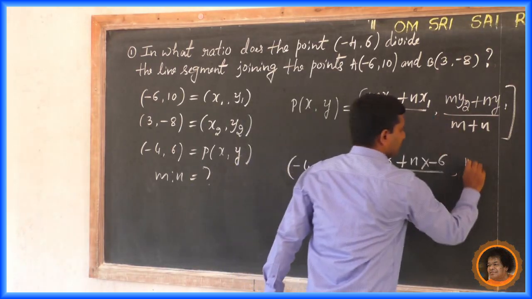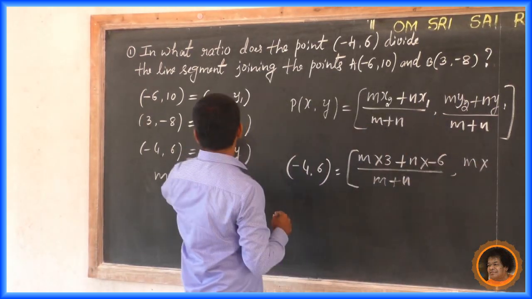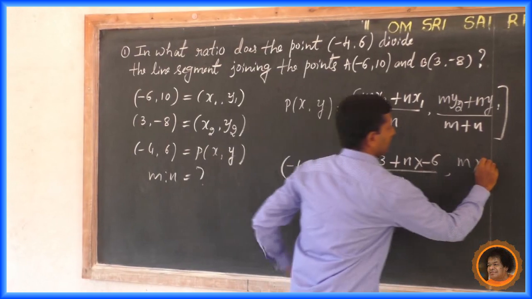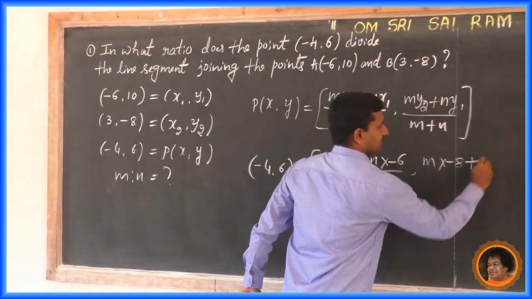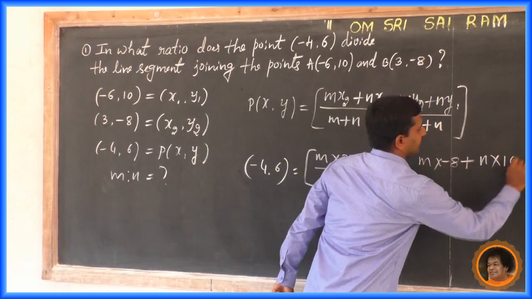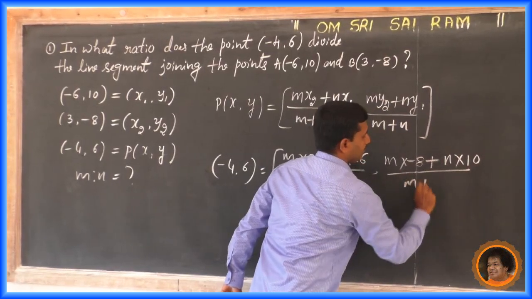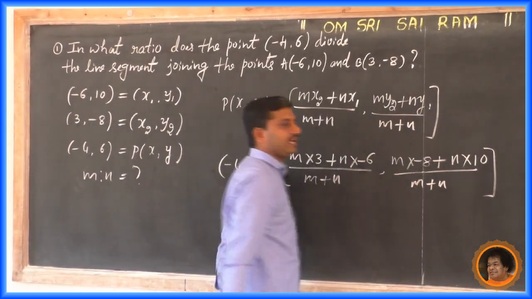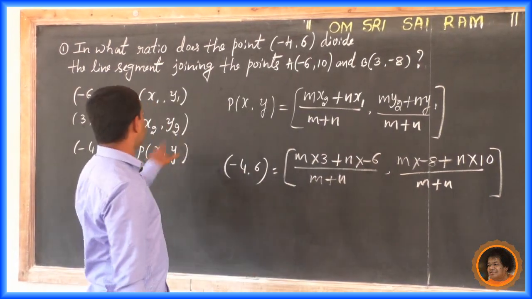So m into y2, the y2 value is -8, plus n into y1, the y1 value is 10, divided by m plus n. Our aim is to find the value of m:n, or the ratio.